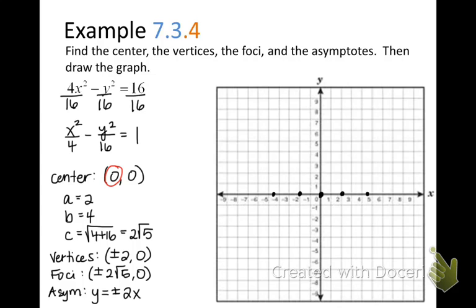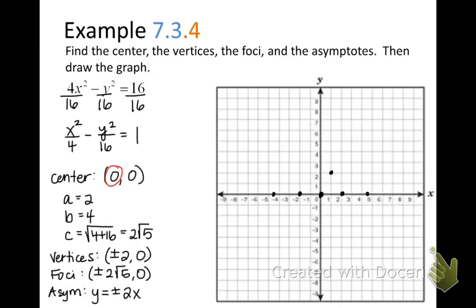Your asymptote. So you can either start from the center and just count out the slope, or you can start from the vertex and count up by a value of b. It doesn't matter. I'll show you both ways. If I just started at the center and counted out the slope, my slope is 2 over 1. So I'd rise 2 and go over 1, right? So it'd be like right there.